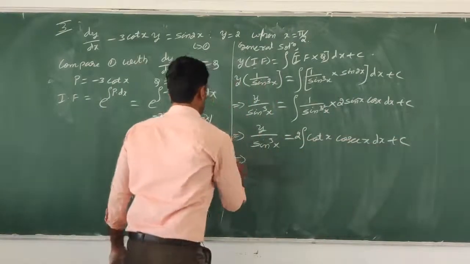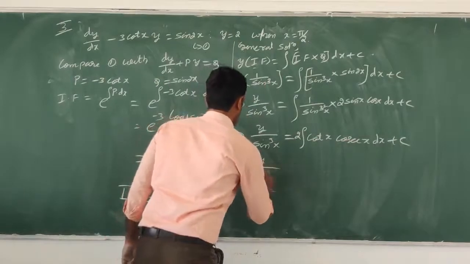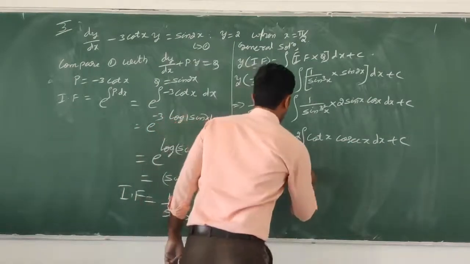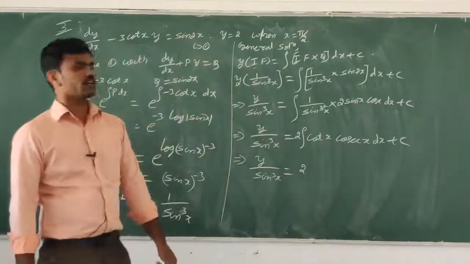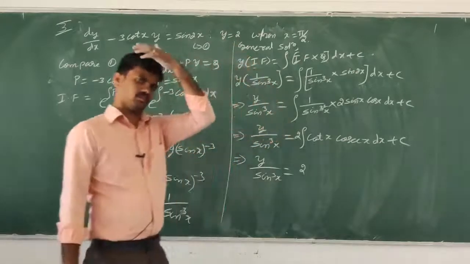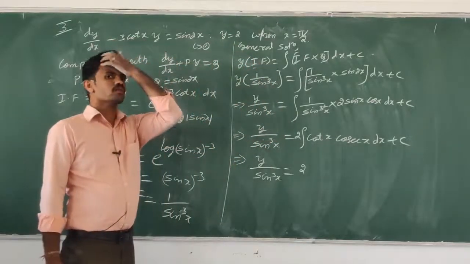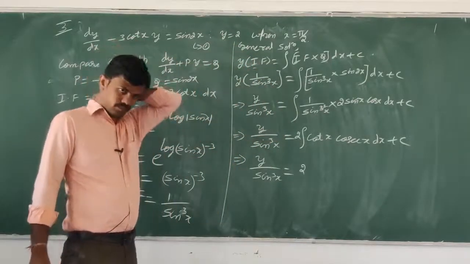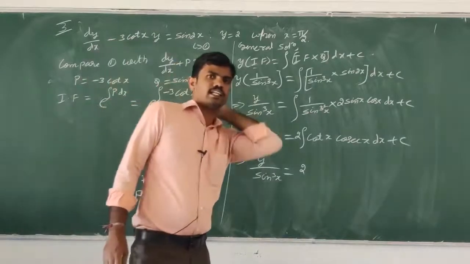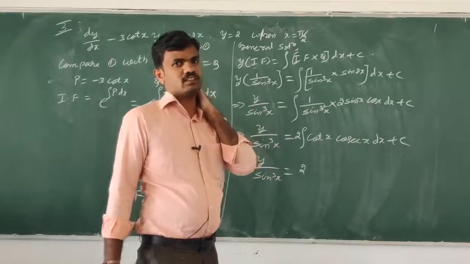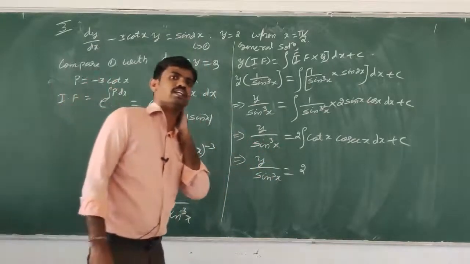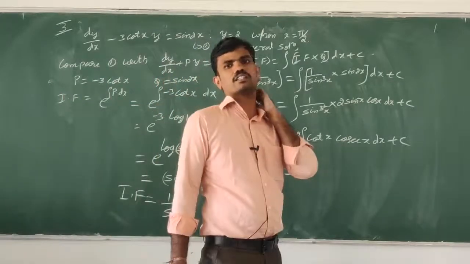So this implies that y by sin cube x is equal to 2 into integration of cot x into cosecant x. Differentiation of cosecant x is minus cot x into cosecant x.